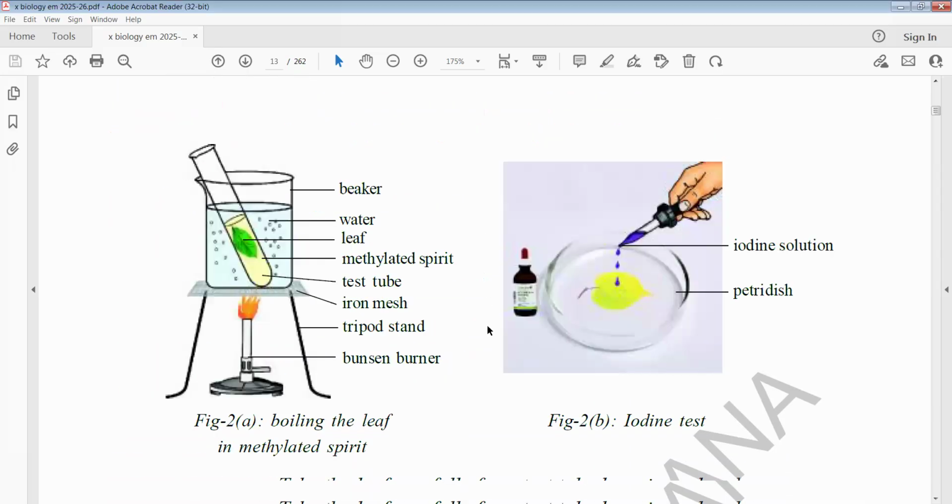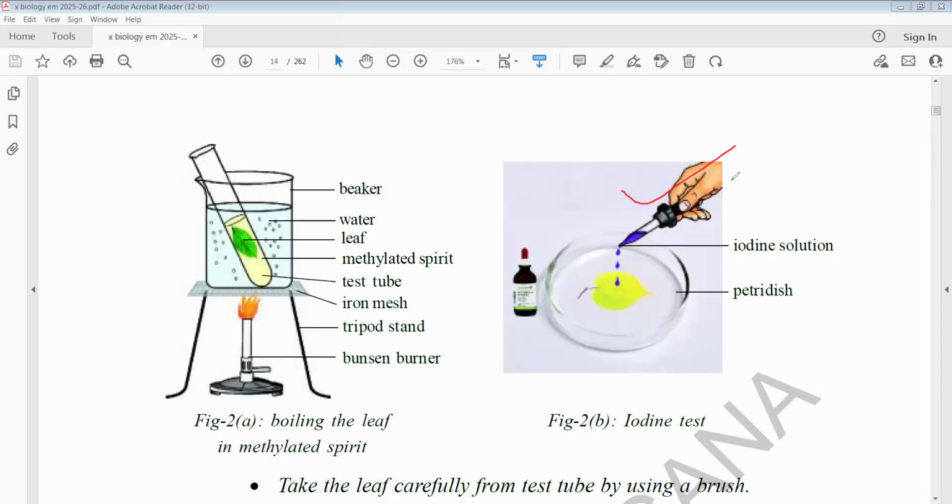This is also a most important experiment, from which a number of questions come in the bit paper, like which indicator we use to test carbohydrates: iodine reagent is used to test the presence of starch.